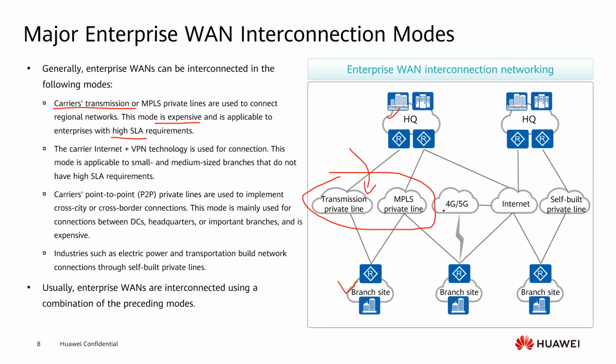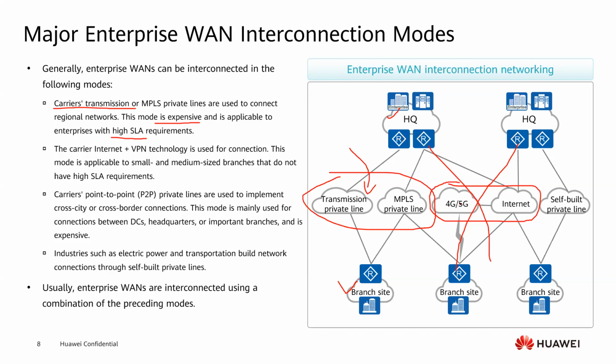Another mode is that you only rent an internet connection, because internet connection is much cheaper than a private line, and you create your own WAN connection. You can run GRE or IPsec between the site and the HQ, between the branch and the HQ.